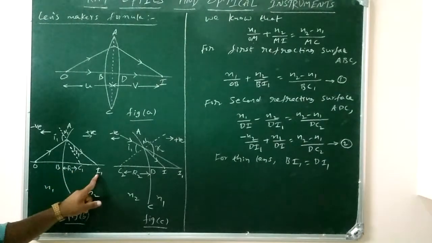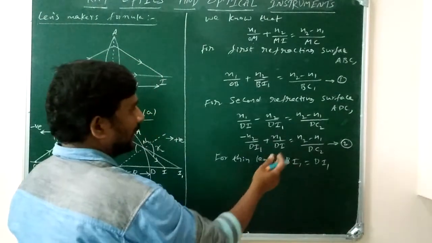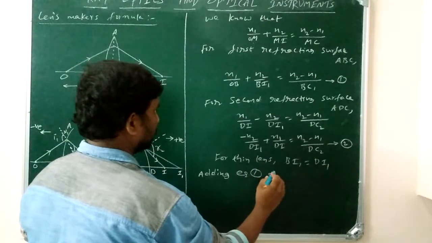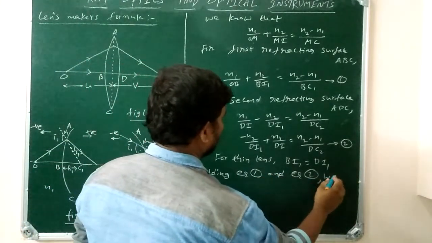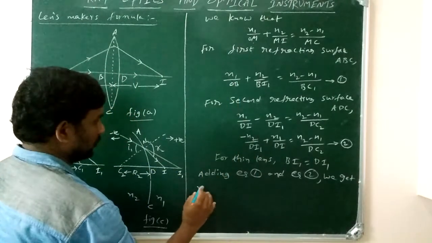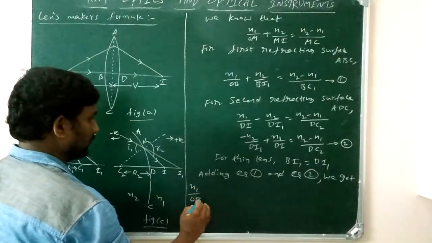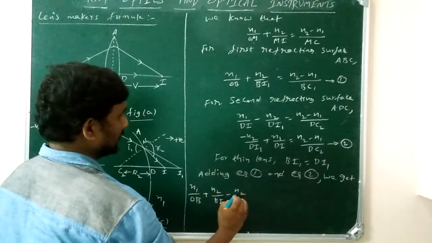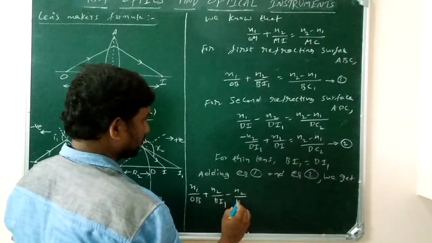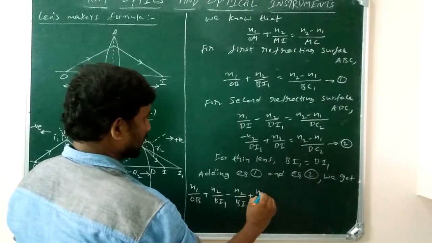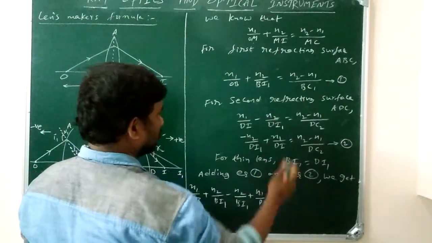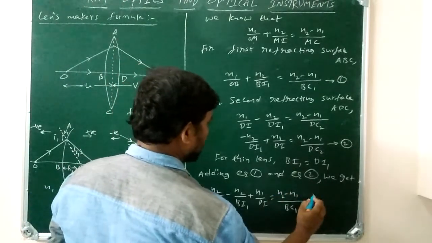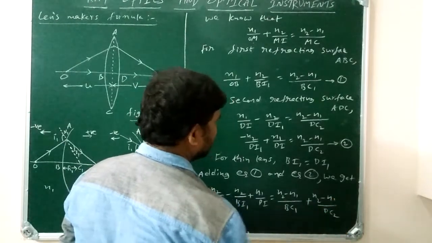Now adding equation 1 and equation 2, we get n1 by OB plus n2 by BI1 minus n2 by DI1 plus n1 by DI is equal to, on the right-hand side, n2 minus n1 by BC1 plus, for the second equation, n2 minus n1 by DC2.